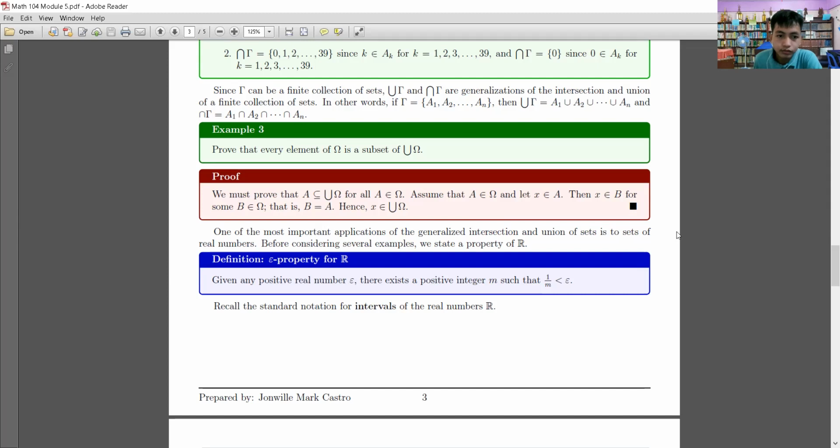So, paano nangyari yun? So, nag-start tayo sa isang set at meron tayong nilagay na may element doon sa set na yun. Okay? So, kapag tinignan natin yung set natin, so kapag meron pa tayong ibang set doon sa omega, let's say B.